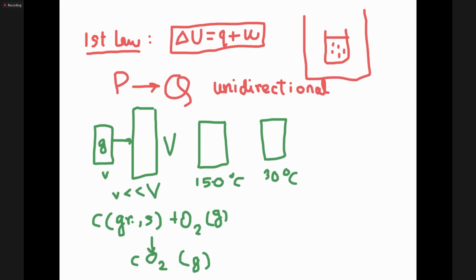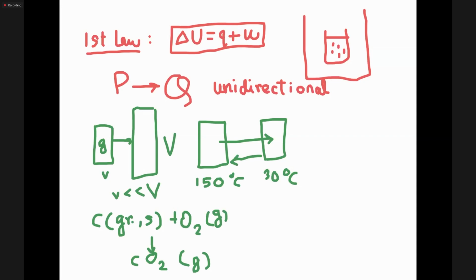So this is the hotter body, this is the colder body. Heat flow will generally be from the hotter body to the colder body. So heat flow from a hot body to a cold body is natural, or you can say it is spontaneous. But in case of heat flow from the colder body to the hotter body, the heat flow will not occur spontaneously.